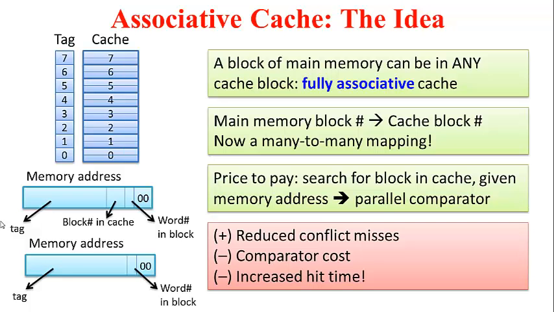The hit time is going to increase because now we need a lot of parallel comparisons, each of which involves many more number of bits than earlier. Increasing the hit time is especially bad because in a cache we expect cache hit to be the common case. So if we are slowing down the common case, that is a bad thing to do.